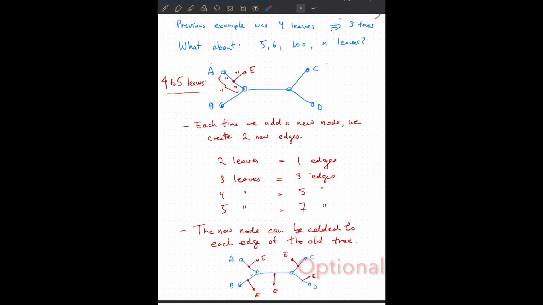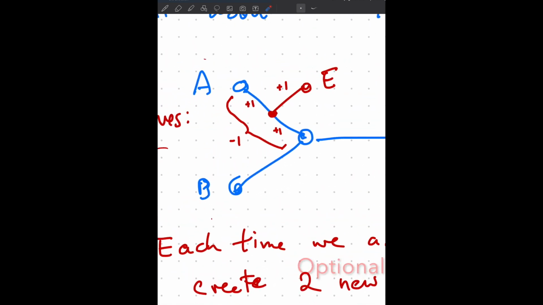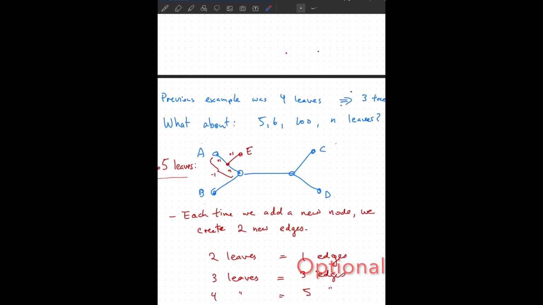So wherever I put the edge, I subdivide an edge and I make 2. I get a new edge there, a new edge there, but I lose that complete edge, and I get this edge here. So overall, every time I subdivide, I get 2 new edges in total.